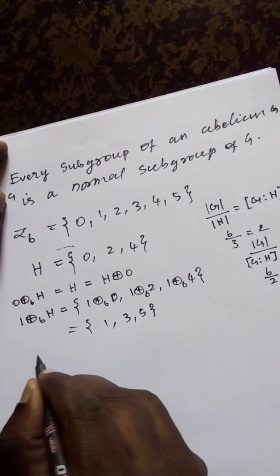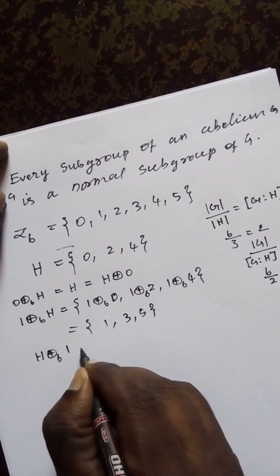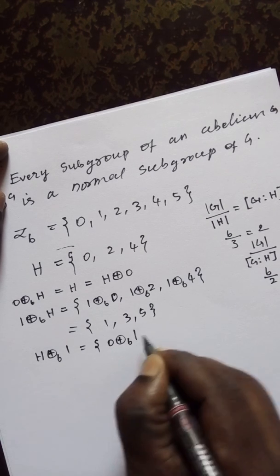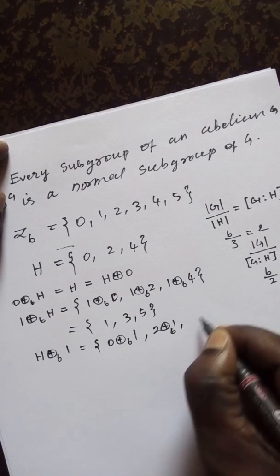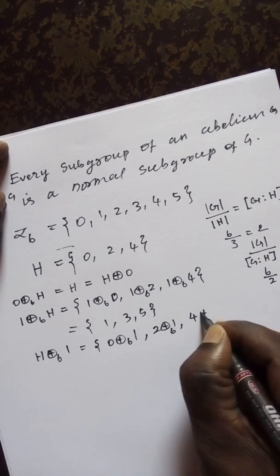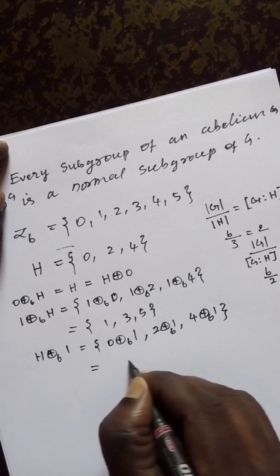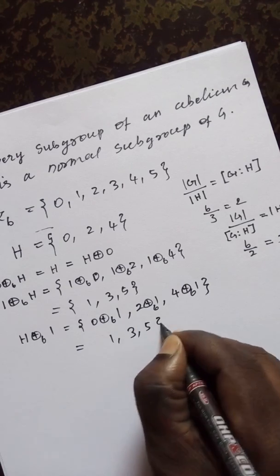And also the right cosets: H under addition modulo 6 with 1, giving 1, 3, 5.